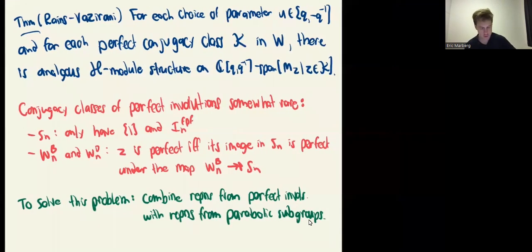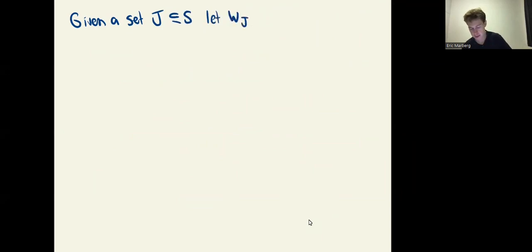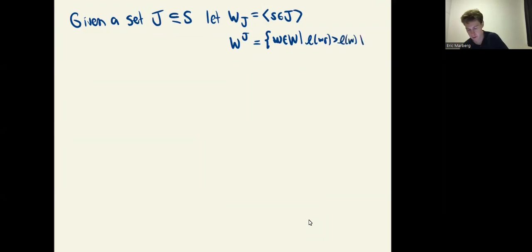So the construction that we introduce is the following. Given a set of generators J inside our simple generating set, let W_J be the parabolic subgroup generated by these elements, and then let W^J be the set of distinguished coset representatives, the elements w in W such that the length of ws is greater than the length of w for all s in J.